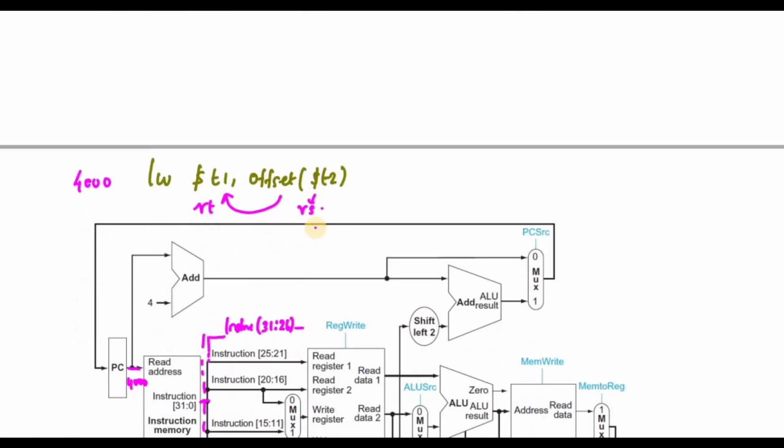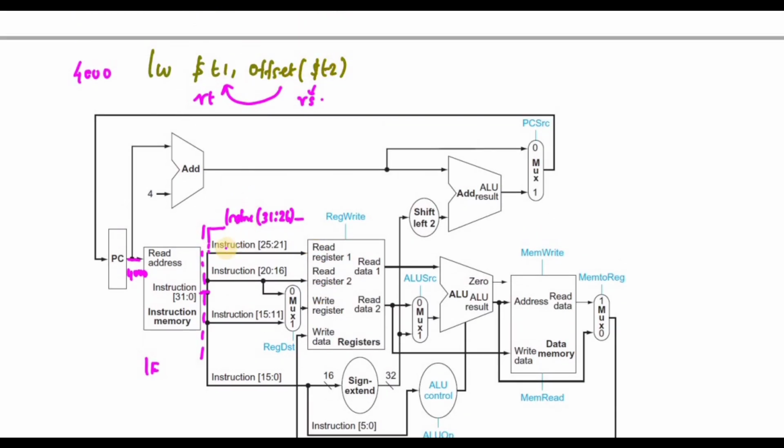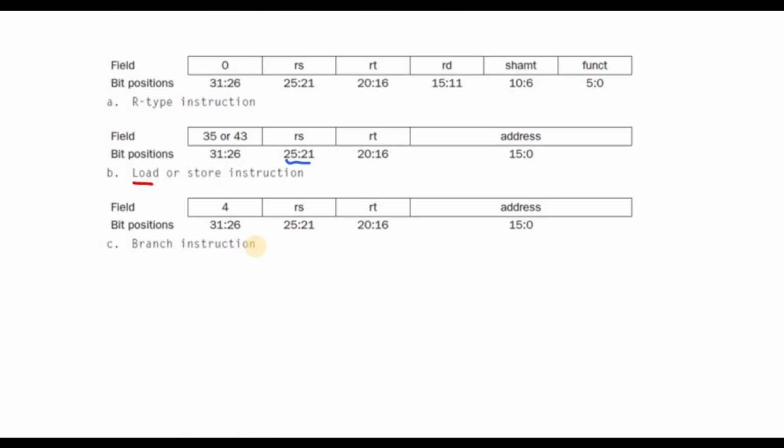Bits 21 to 25 represent the source value, which is T2, and this is my T1. In this address, the data from T2 gets fetched.